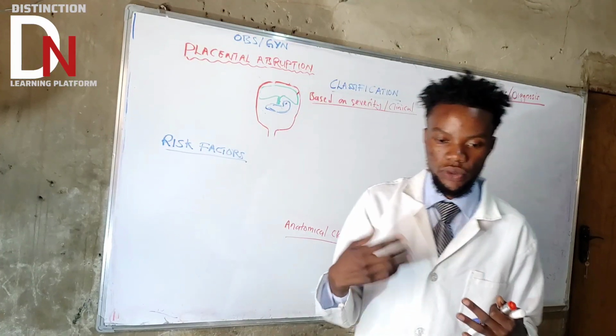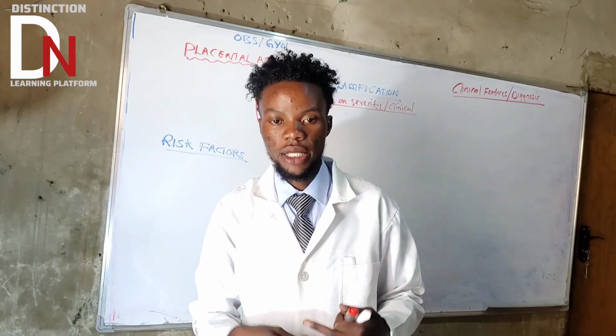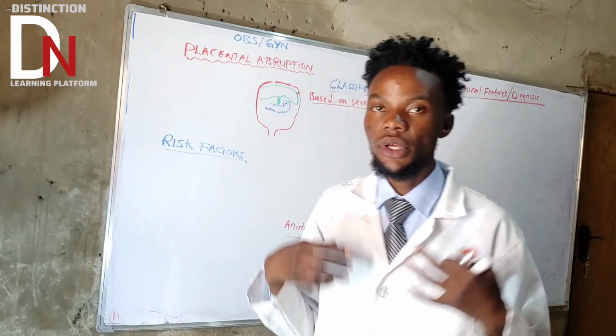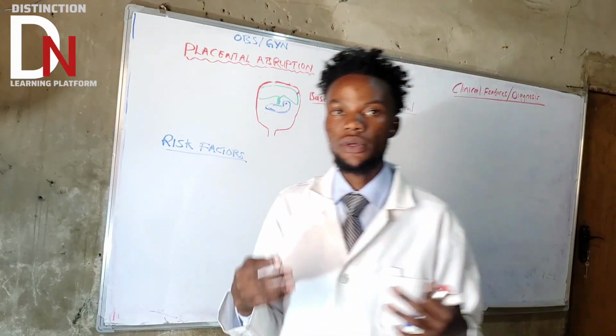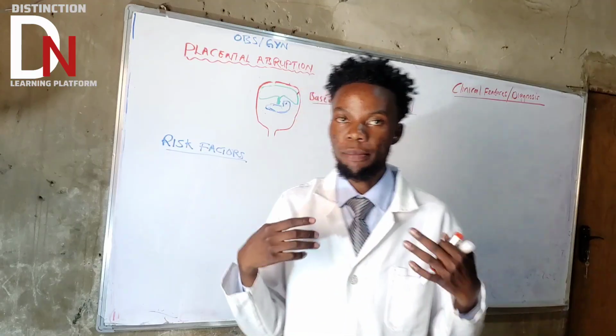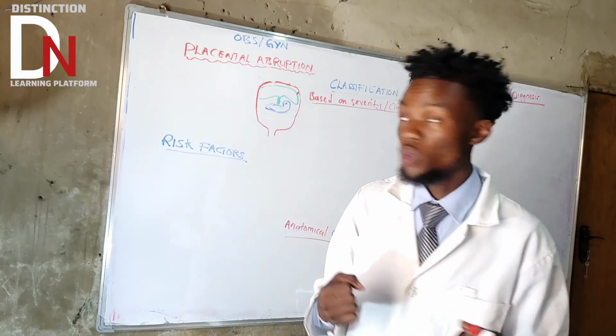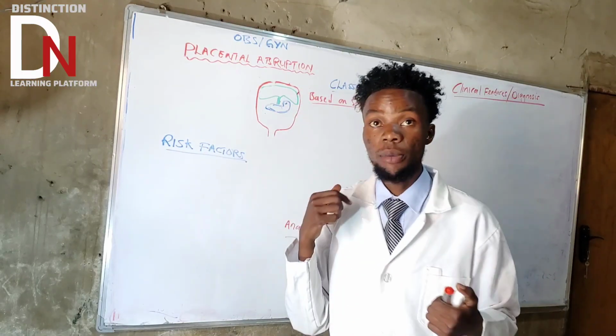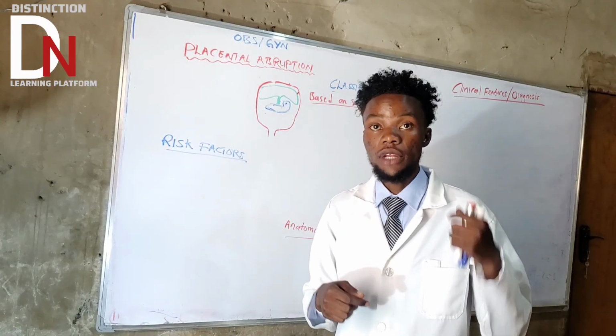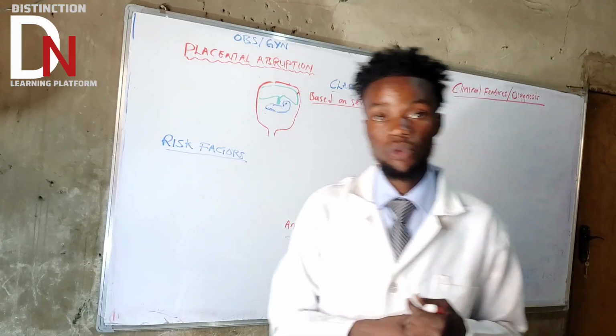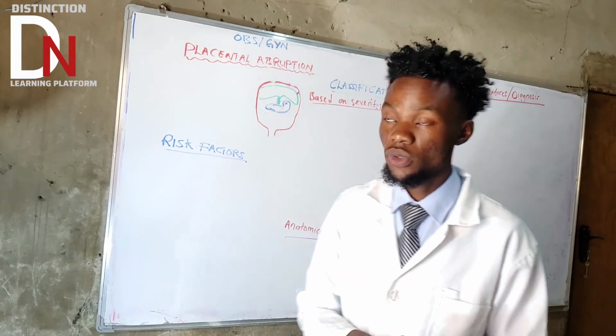According to Zambia, it has also been estimated that it occurs in about 0.4% of all pregnancies. That is about 4 deliveries in 1,000 births experiencing placental abruption.